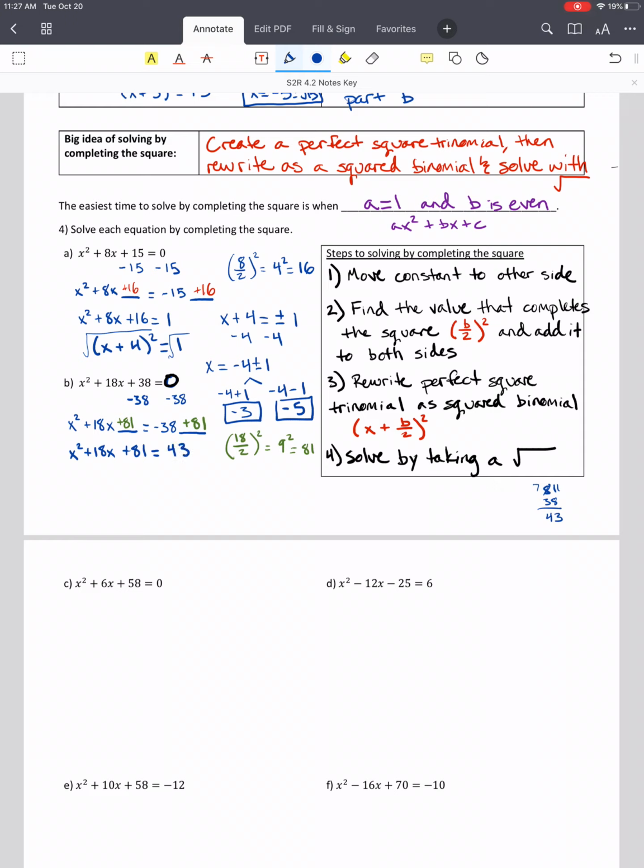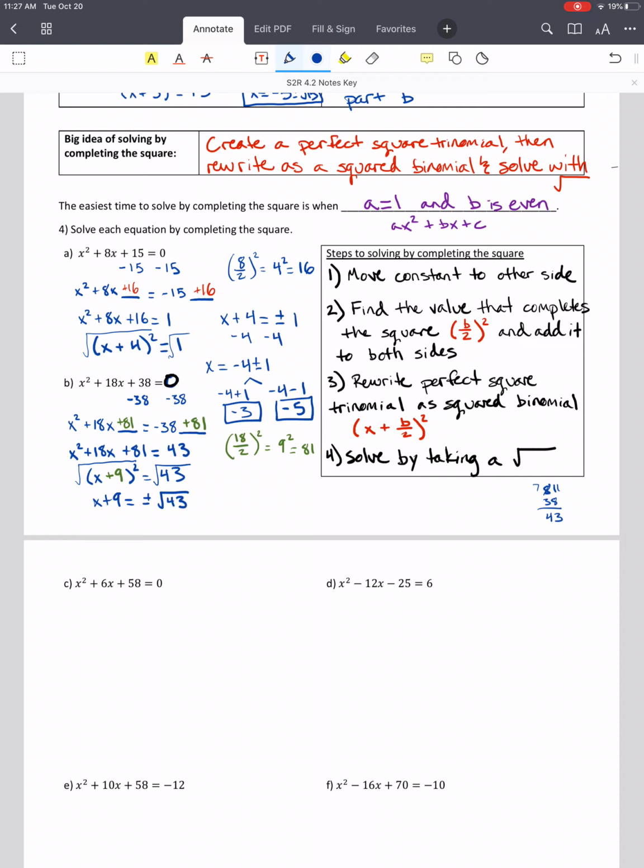Okay, now I'm going to rewrite this as a squared binomial over here. So x, remember we're going to take the b and divide it by 2. 18 divided by 2 is 9. So I get x plus 9 squared equals 43. And now we're going to square root it to solve. 43 does not break down any further.